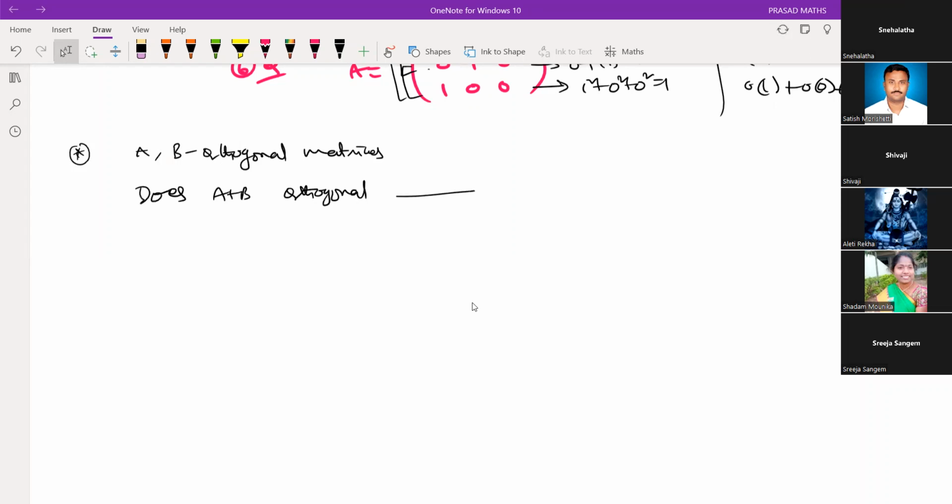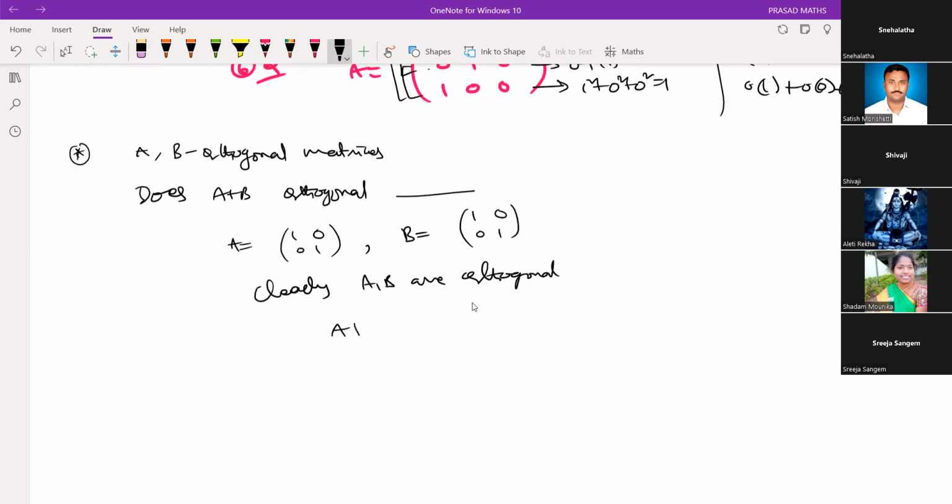No. Can you give an example? Look at this identity matrix. It is orthogonal, we have seen. Look at this matrix, it is also an identity matrix. So both are orthogonal matrices. We have seen that every identity matrix is an orthogonal matrix.